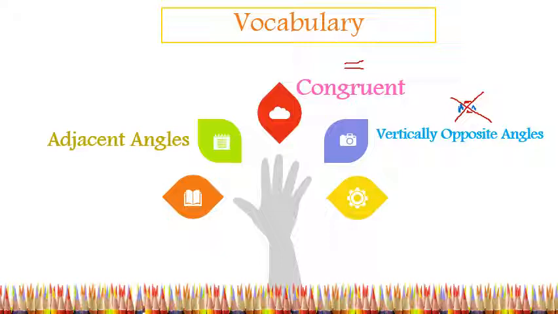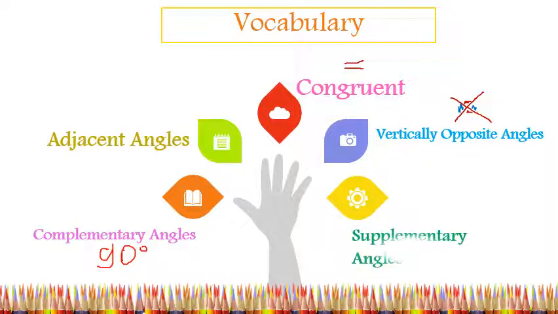We will see each one of them in detail. Now, adjacent angles are the angles that are neighbors to each other. There are many conditions, we will see them. Complementary angles are the angles that form together 90 degree, and supplementary angles are the angles that if we add them together, we will get 180 degrees. Okay, we will see them in detail later on.